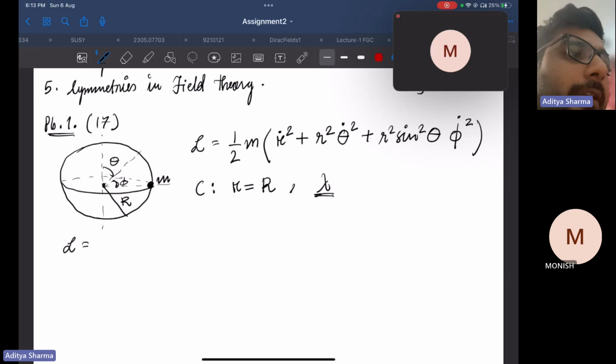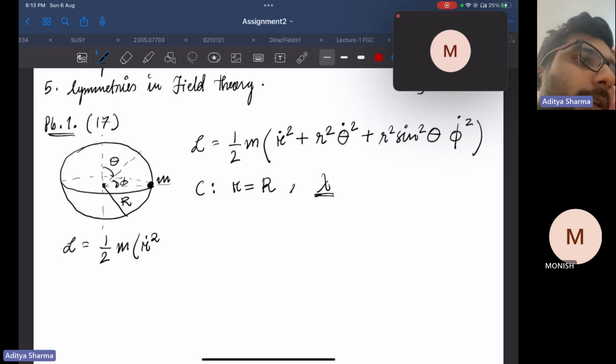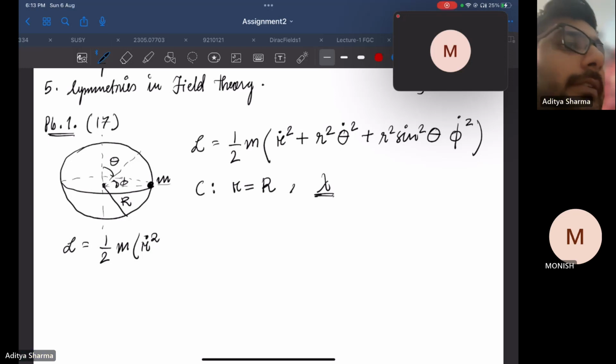Remember, the small r here you have to treat as a degree of freedom, because you're solving it in a different method here.